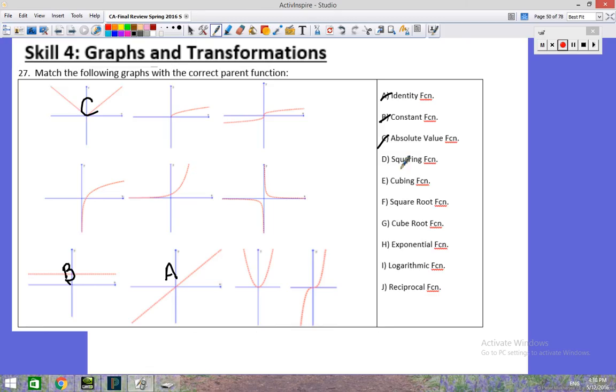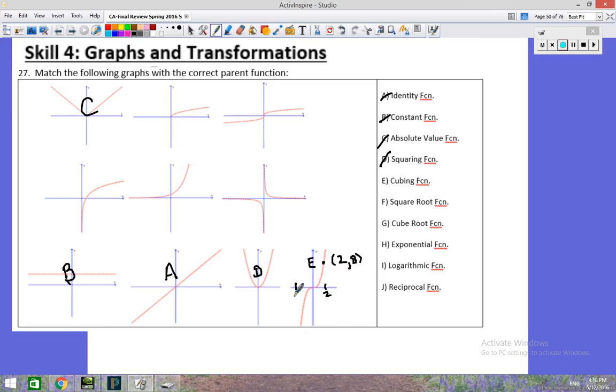Squaring function, another term for a quadratic function. The graph looks like a parabola, and here it is, with the vertex located at the origin. Cubing function, it's right next to it here. If you have a value like 2 and you cube it, you'll see that 2, 8 is on there.